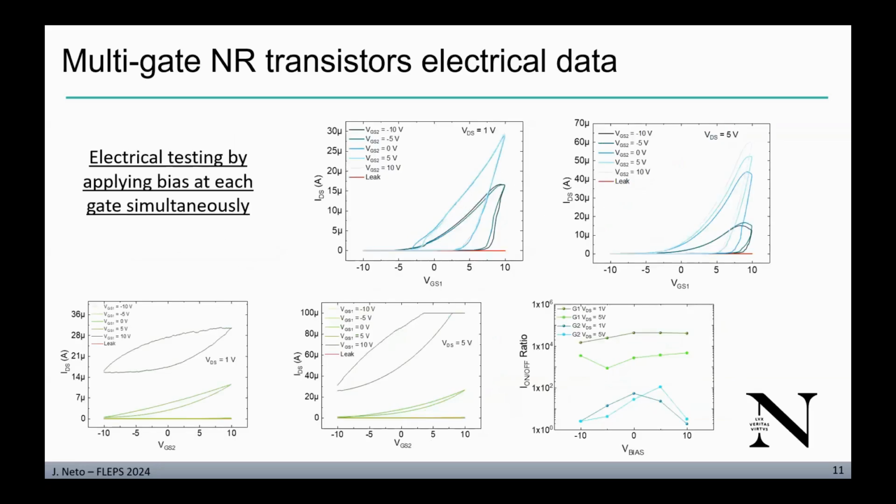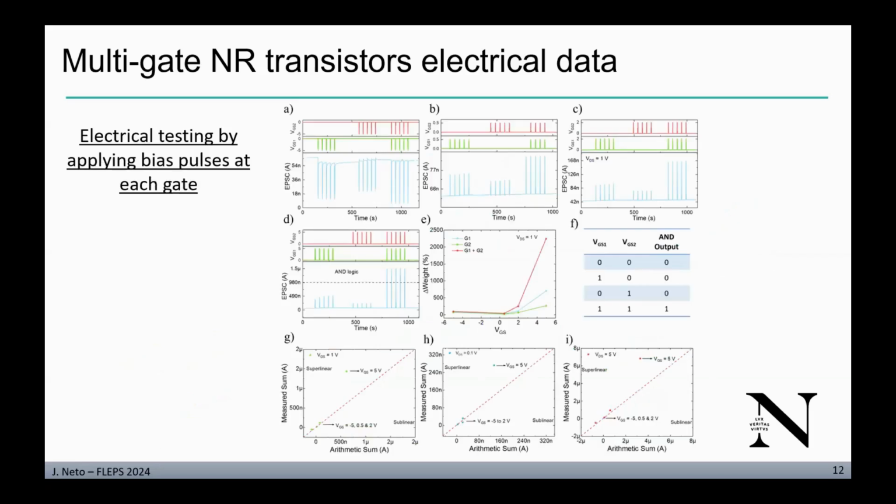Now, when you apply bias at both gates simultaneously, this is the response that we get for different VDS. VDS is 1 volt, and this is the gate source 2, from minus 10 to plus 10, and this is GS2 again. This is GS1, gate source 1. That's the kind of response we obtained from these devices.